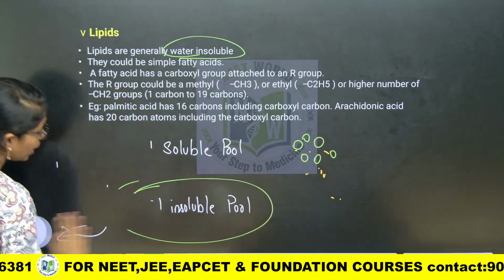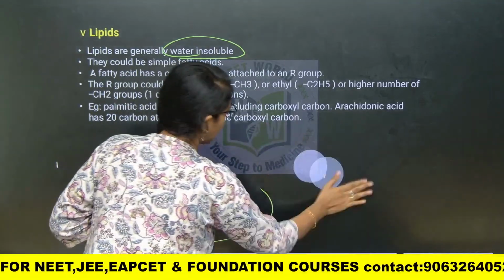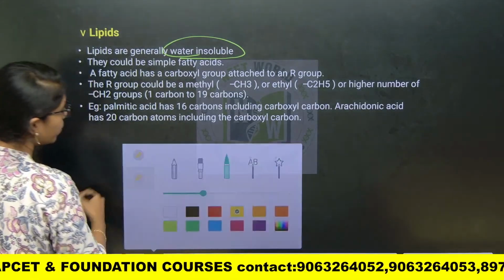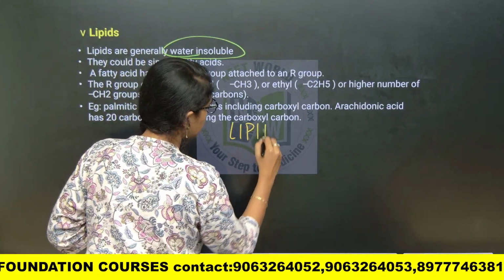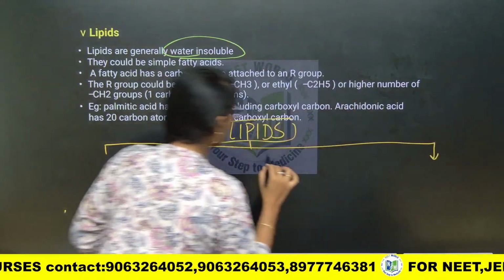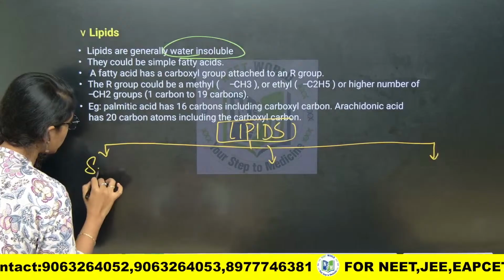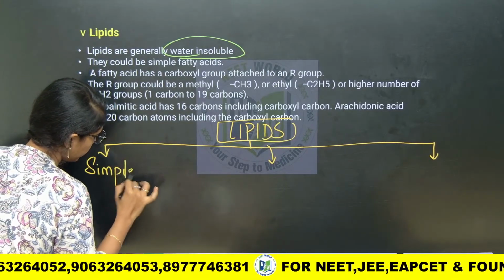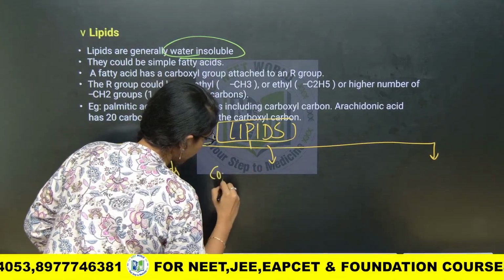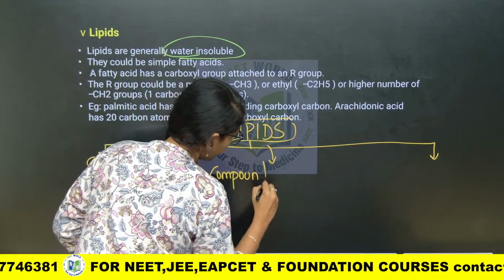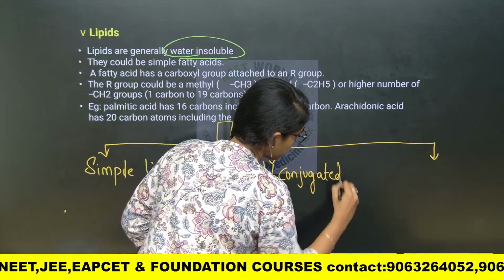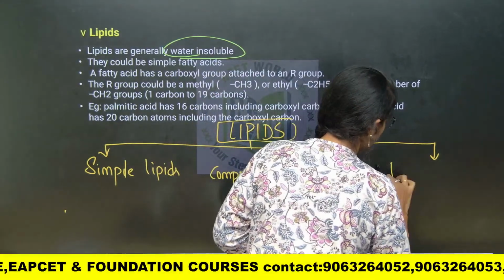First let us look into the classification of lipids, beta. Lipids are majorly classified into simple lipids, compound or conjugated lipids, and derived lipids.